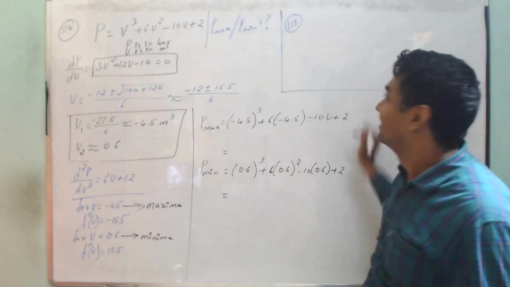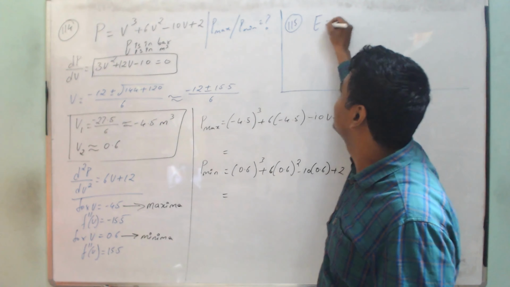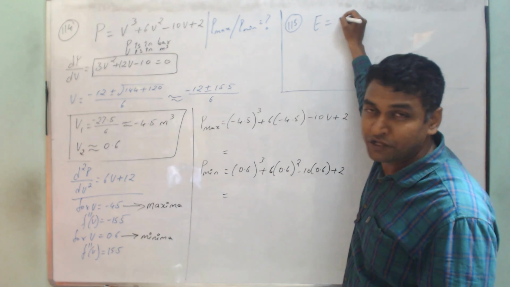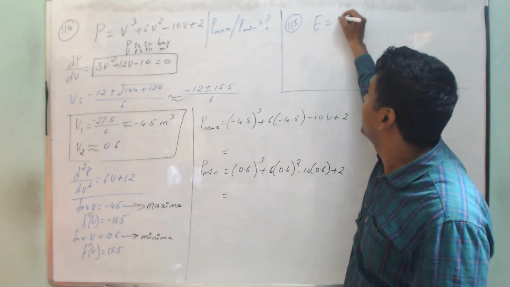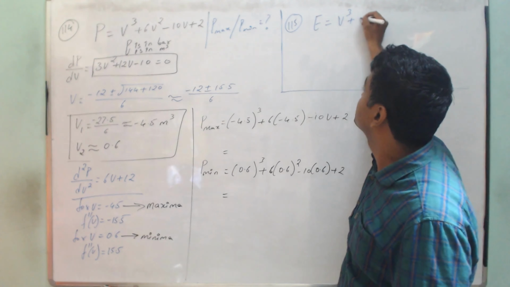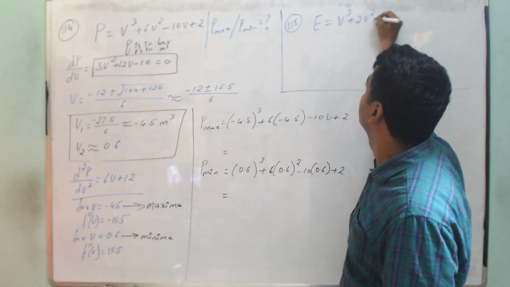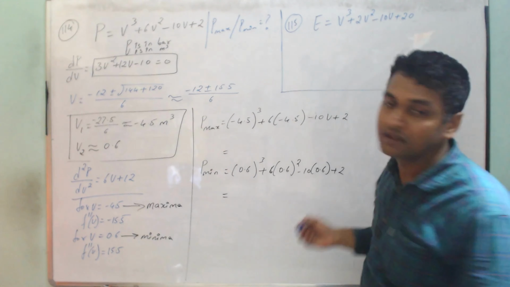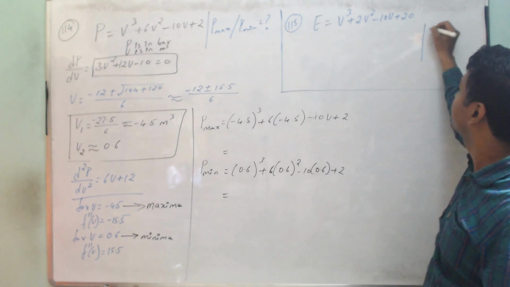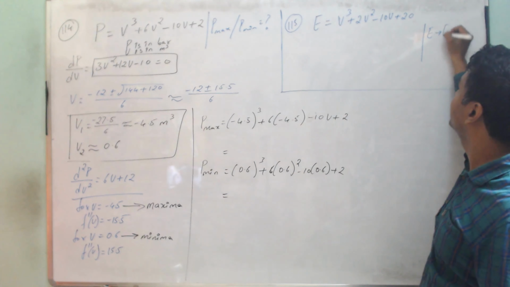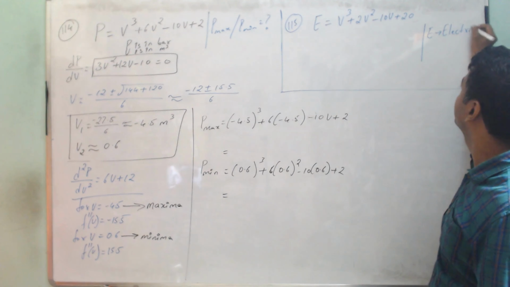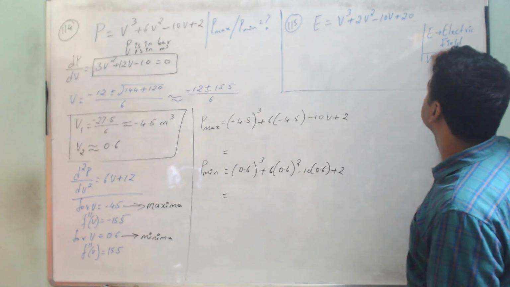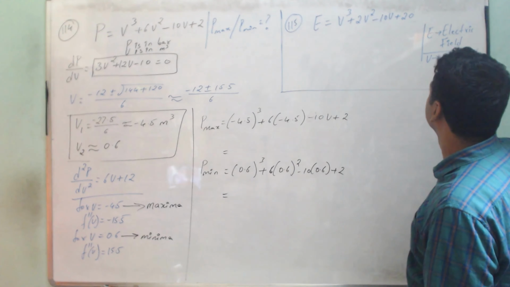Electric field E is given as a function of electric potential, which we also represent by V, as E equals V cube plus 2V square minus 10V plus 20, where E is the electric field and V is the electric potential.